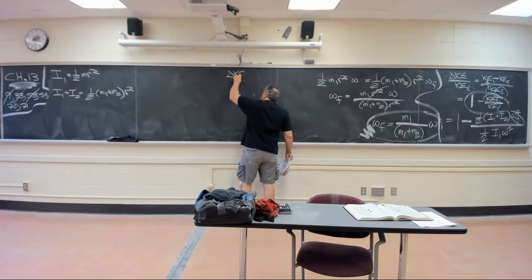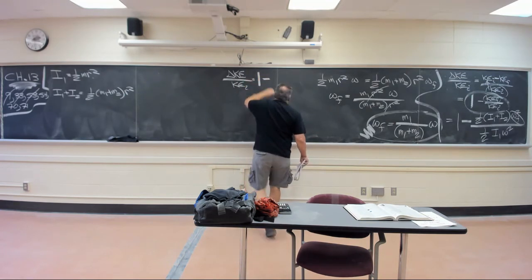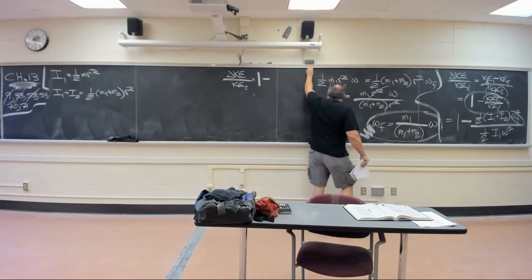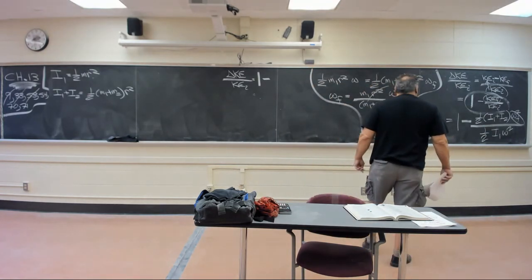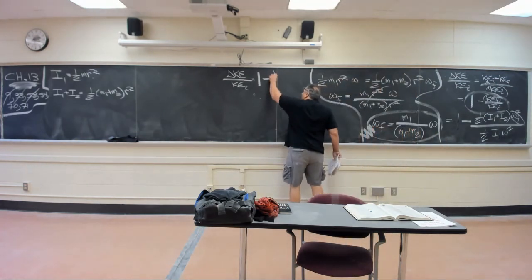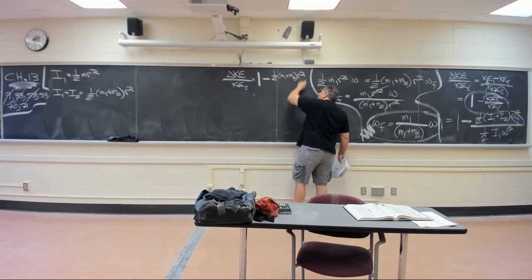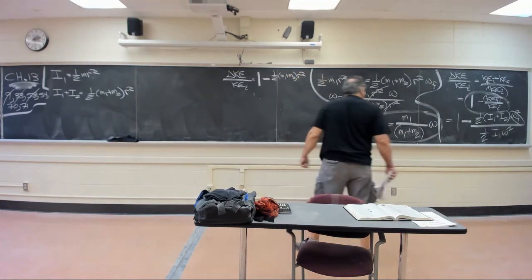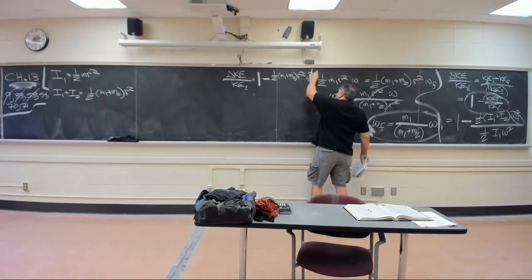The delta KE over KE initial is going to be 1 minus one half m1 plus m2 r squared times omega sub F squared.